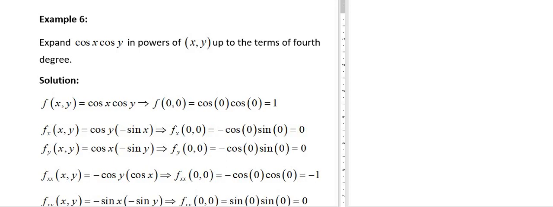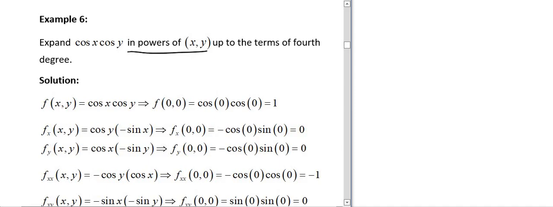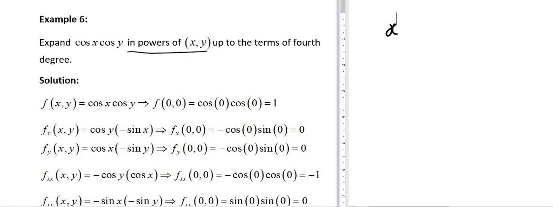Here we want the Maclaurin series expansion of cos x cos y, because you can observe it is in powers of x, y. That means we want powers of x and powers of y.